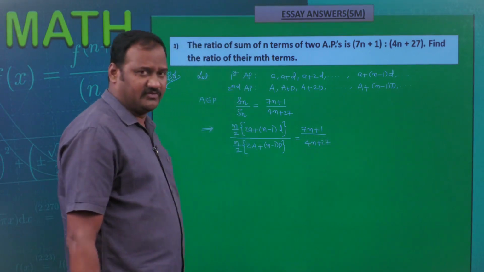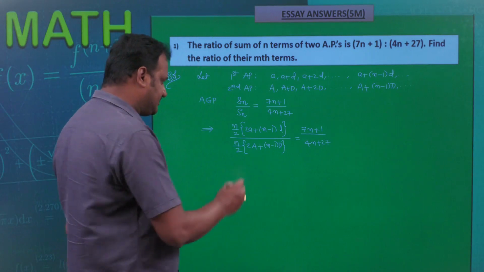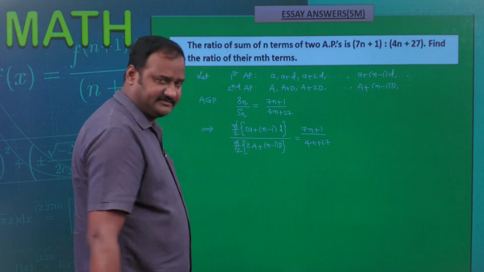See, is there any cancellation? Yes, we can cancel n by 2 and n by 2.